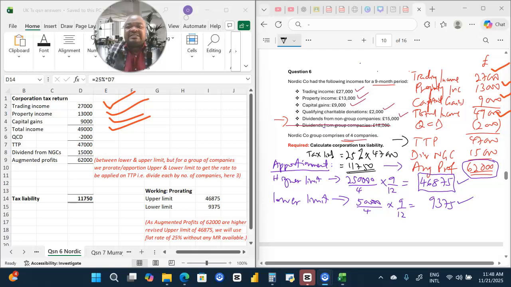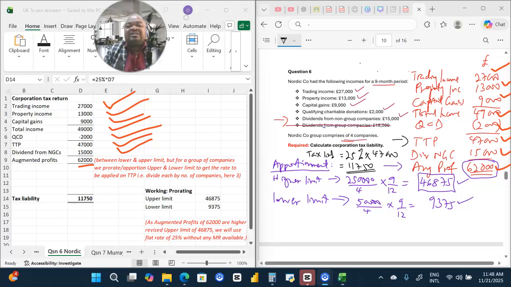In this case, the QCDs were 2,000, and they are deducted. We arrive at TTP, total taxable profits, and then we have to add the dividends from non-group companies of 15,000, and we arrive at augmented profits of 62,000, which is the same as here.